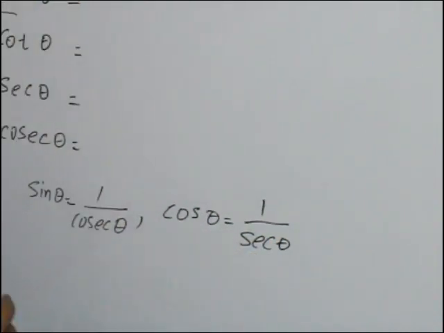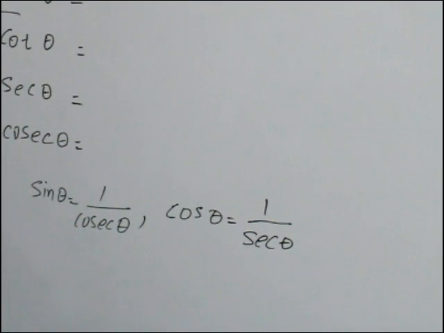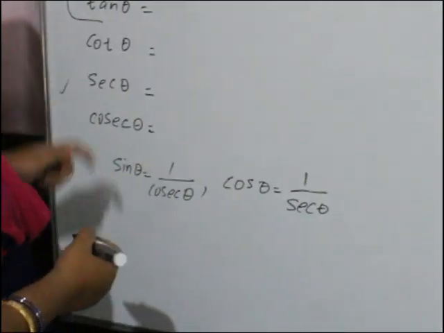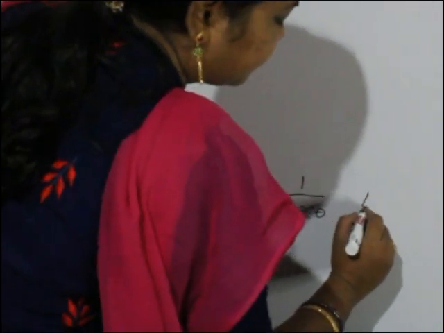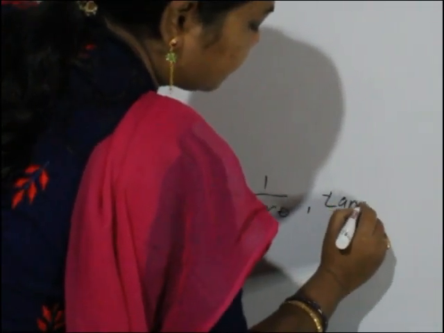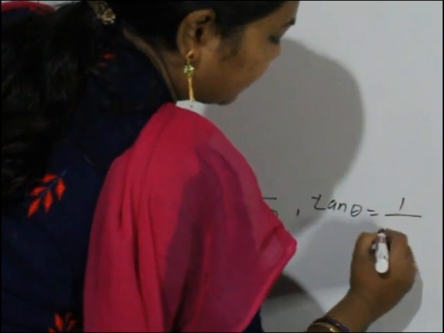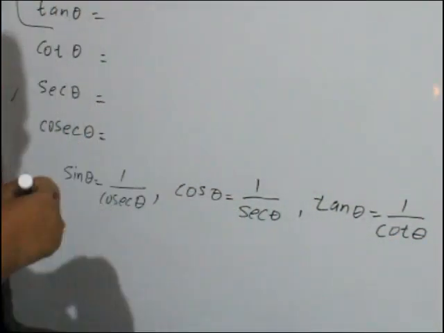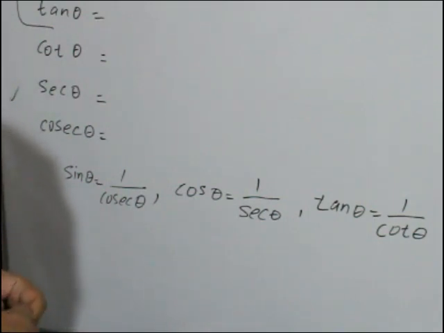Cos theta and sec theta are reciprocals of each other. Next, tan theta is equal to 1 by cot theta. So tan theta and cot theta are reciprocals of each other.